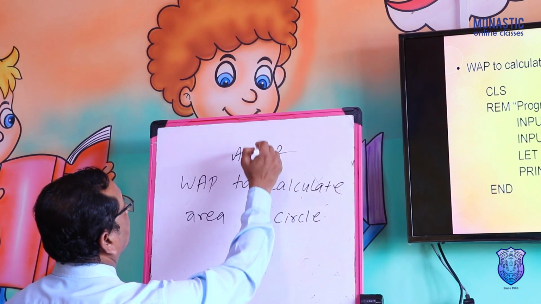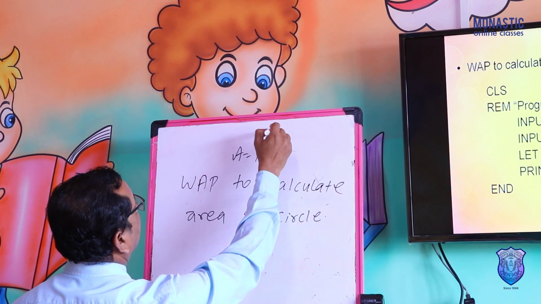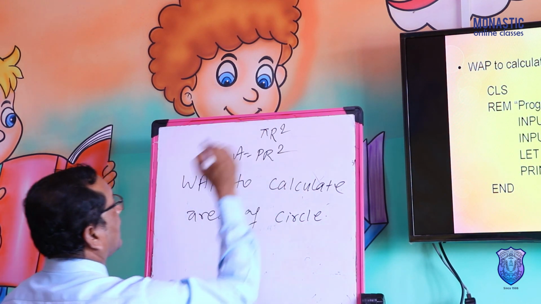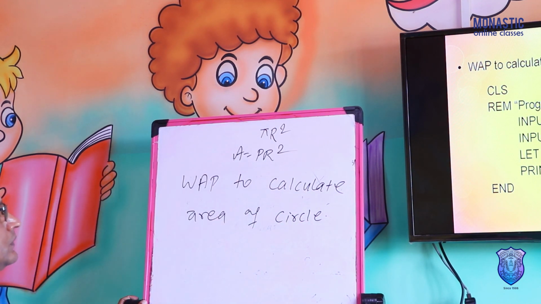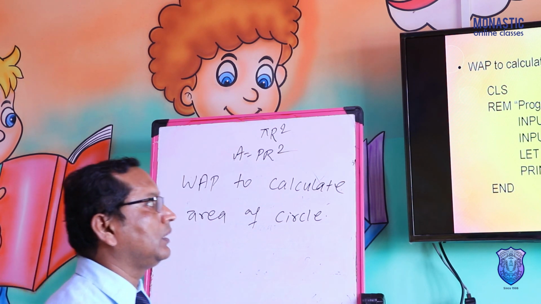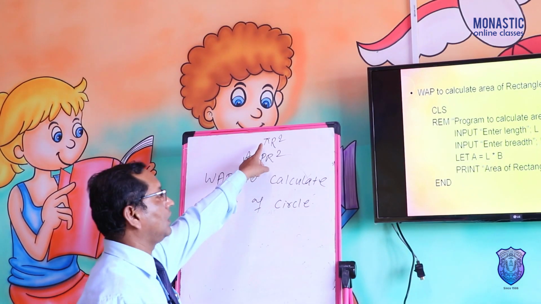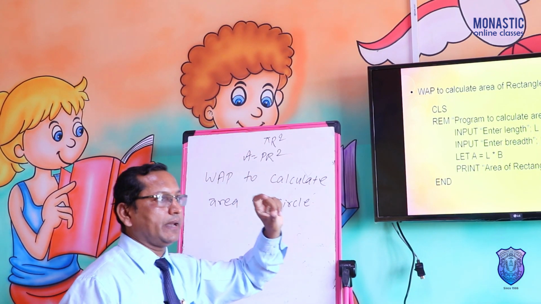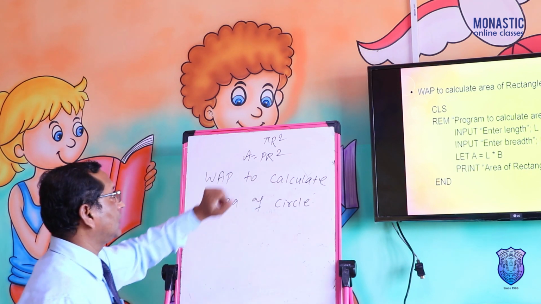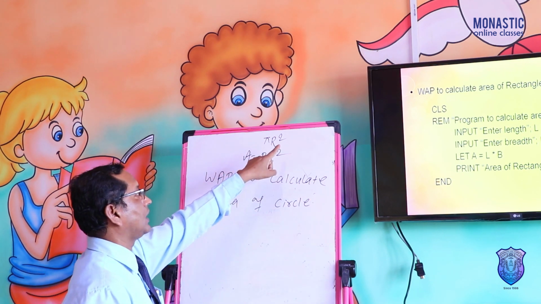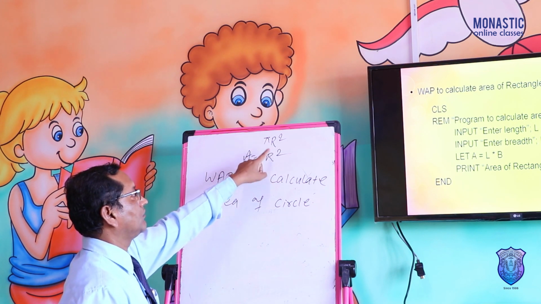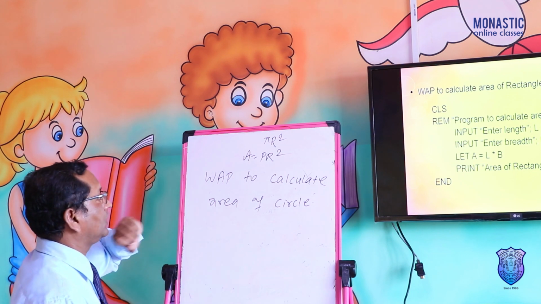I have written here P. According to mathematics, the formula is pi r squared, where r is the radius. But in the beginning I told you that special characters, symbols, are not allowed as a variable.